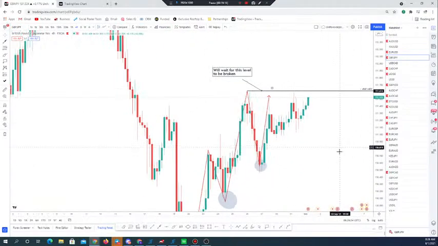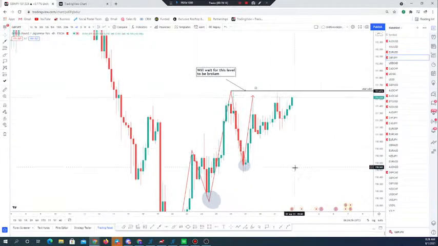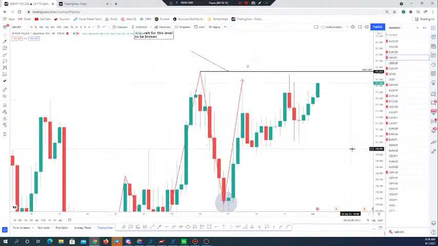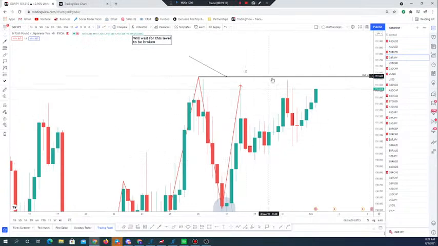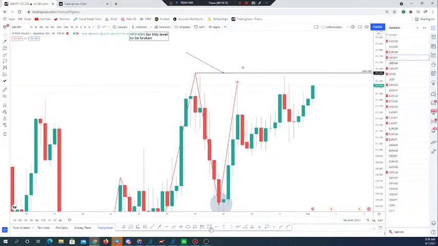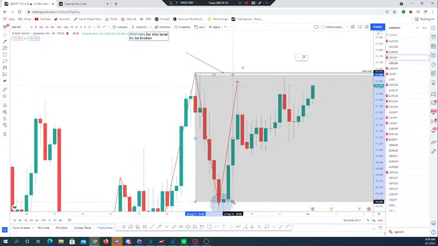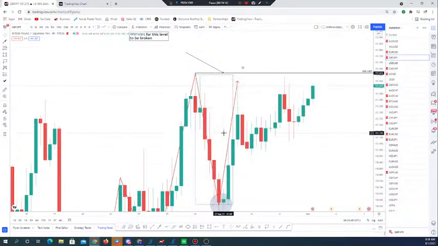So we're looking at this level to be broken first on the bigger time frame, and then potentially find an area in this level here to find a good buy area, and of course with good risk management, and just watch it. So we're just waiting for validation and then take it from there.